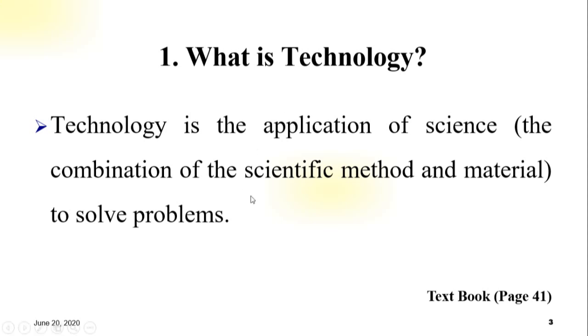But here, technology is the application of science, the combination of scientific method and material to solve the problems. I mean they use technology to solve problems by the application of science.